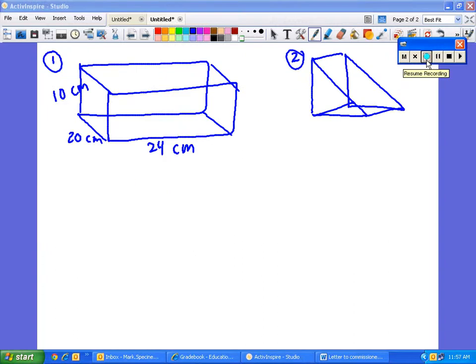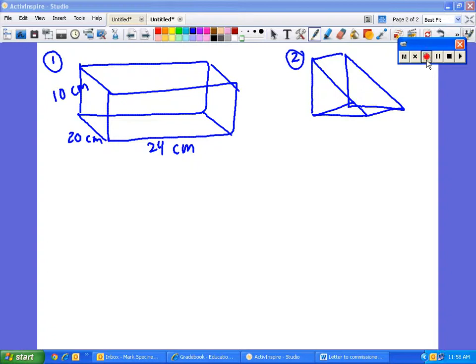In my opinion, the volume of a rectangular prism is the easiest one you're going to find. Why do you think that is? Not because it doesn't have a slant. How many numbers are we multiplying together to find the volume of a rectangular prism? 3.